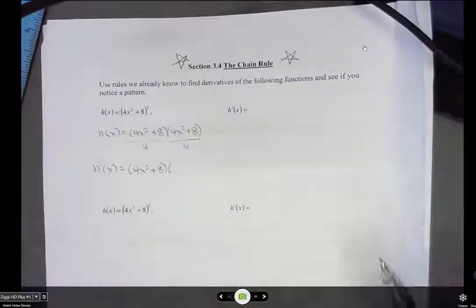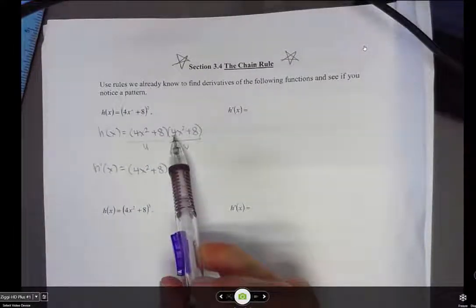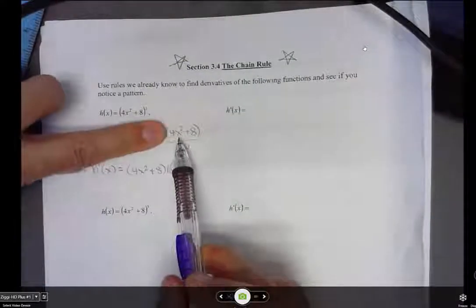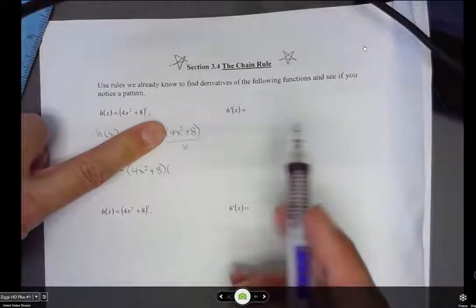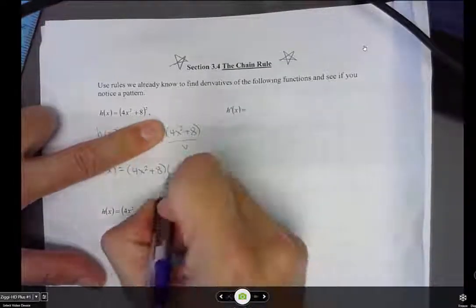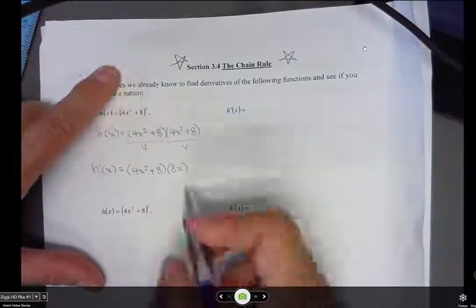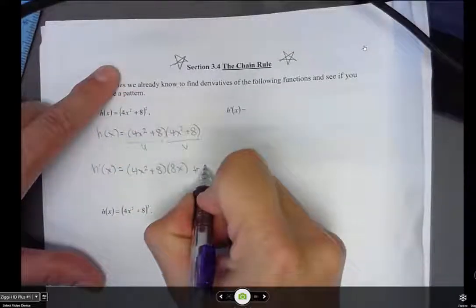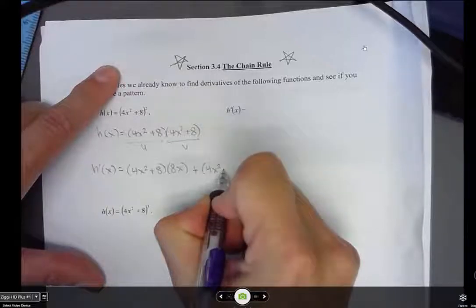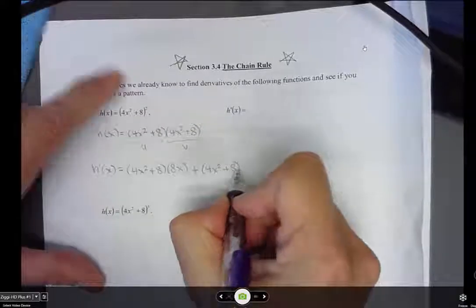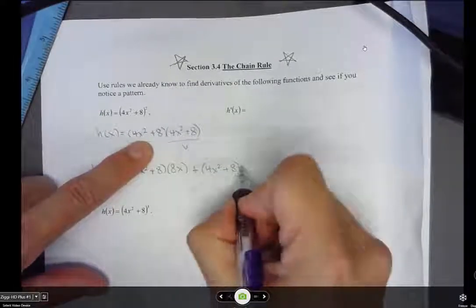And then v prime, so the derivative of what's in here is going to be 8x plus 0, and just 8x. So there's u times v prime plus v, which is that, times u prime, which is also just going to be 8x.